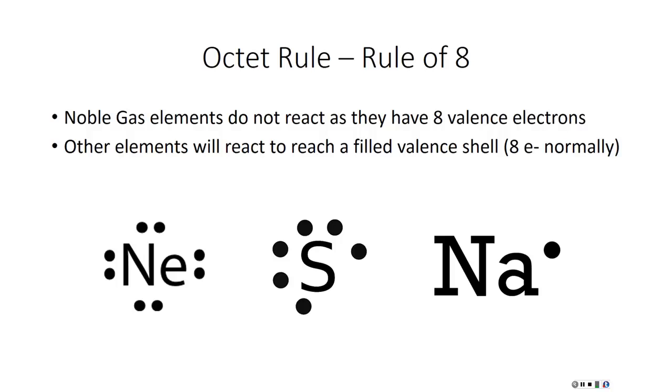Okay, shall we try one more? Let's do this one. Let's do Sn, which is going to give up its 4 electrons to oxygen. Because Sn is in the 4th column, I have to tell you that it is giving up its electrons.